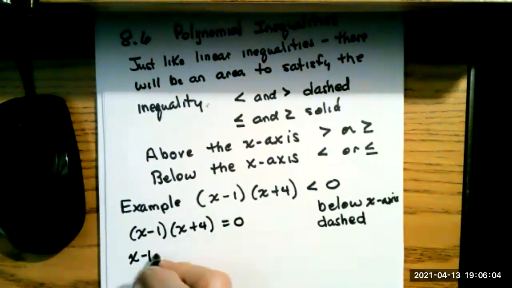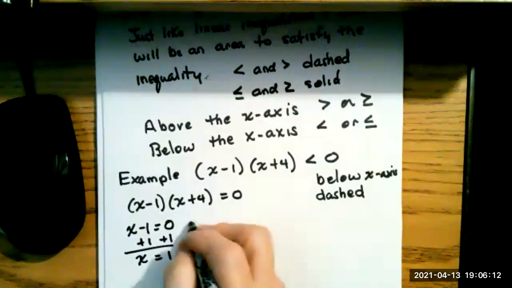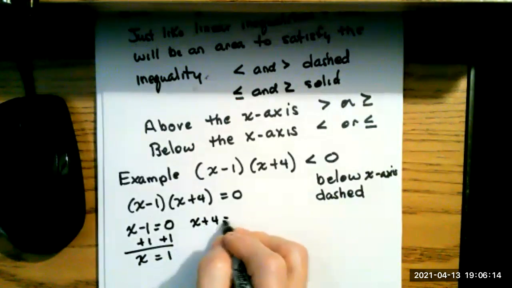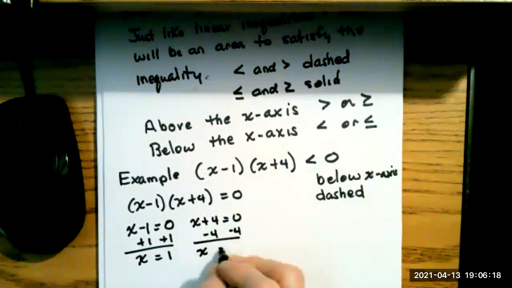We have x minus 1 equals 0. We get x equals 1. x plus 4 equals 0 gives us x equals negative 4. Those are called critical values.